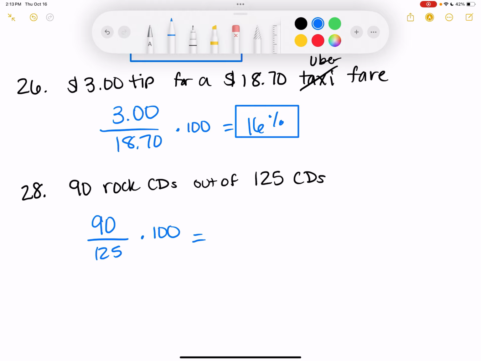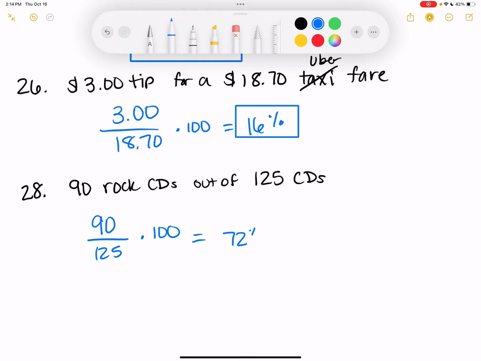And just so you know, these instructions do say to round to the nearest whole percent if it comes out to be like a decimal value. Just FYI. I'm not typically that picky about that. 72. All right, can I see how you multiply it?